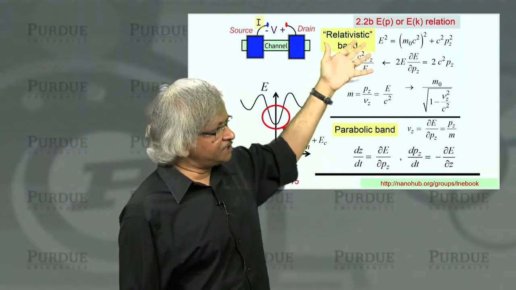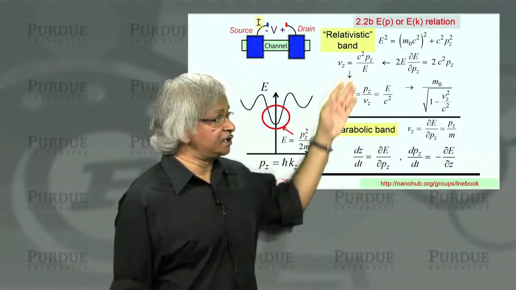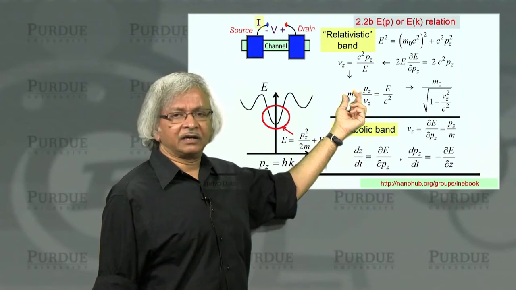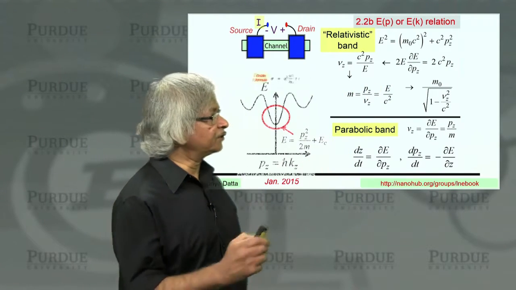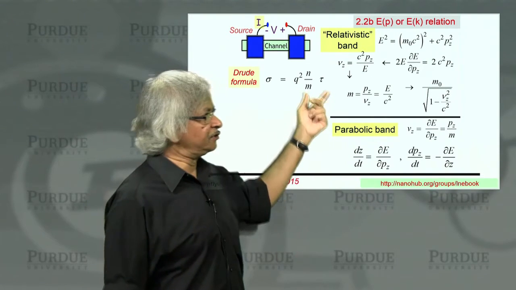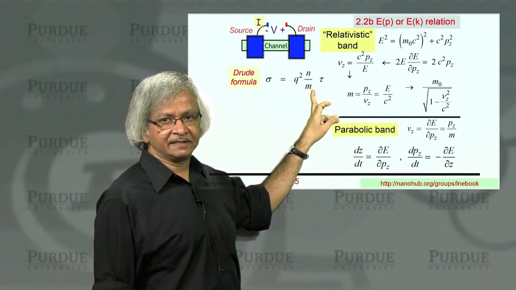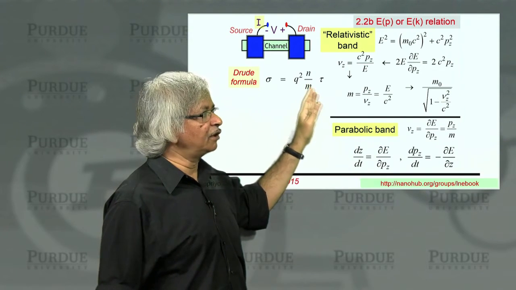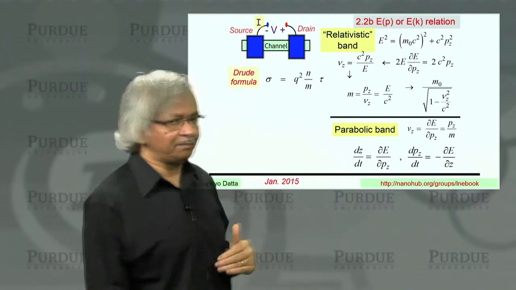The point is that in general, when you have non-parabolic energy momentum relations, the mass is not a constant. It can easily depend on energy. This is something to remember if you're using, say, the Drude formula, because in the Drude formula, a very important thing is the effective mass. It's important to remember when using this that the mass itself could be energy dependent.